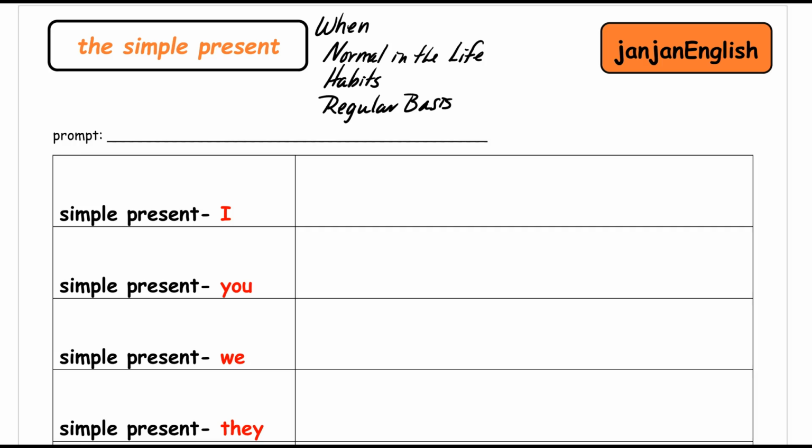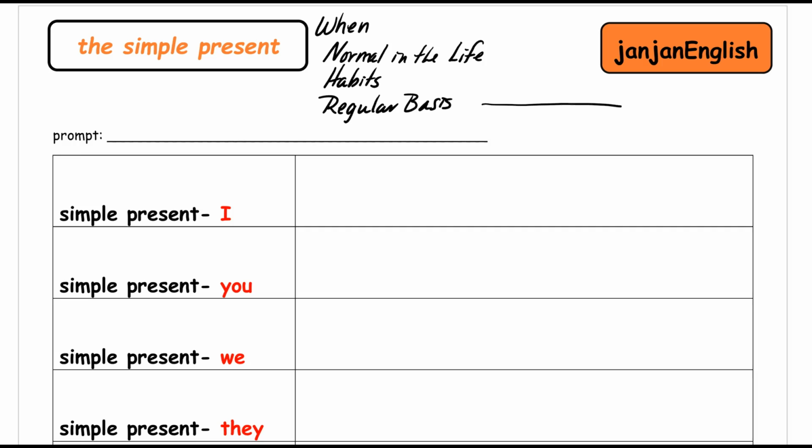Now, these things can happen every second. I breathe, you breathe, he breathes every second. Or these things can happen every morning. Every morning I drink coffee. Every morning he takes a shower. Or these things can happen every month. They can happen every year. They can happen every 10 years.